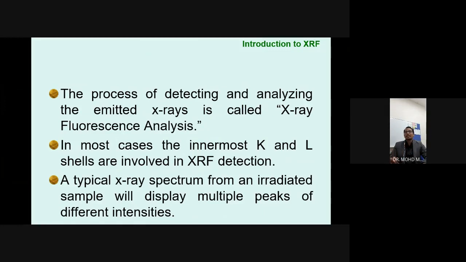In most cases, the innermost shells, the K and L shells, are involved in XRF detection. A typical X-ray spectrum from an irradiated sample will display multiple peaks of different intensities. These different intensities carry different concentrations and different characters.